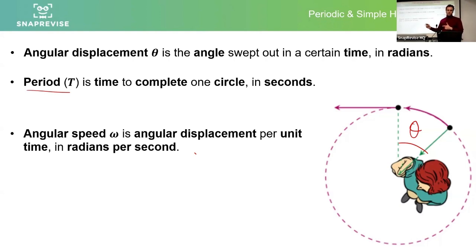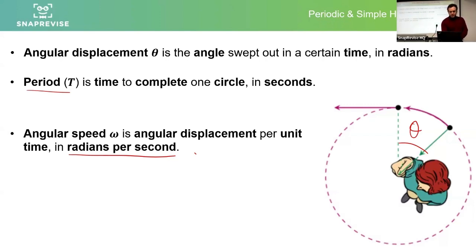What about if you rotate omega radians per second? That's angular speed. Rather than just a single rotation, you're doing those every second, so you're really enacting motion. Radians per second.